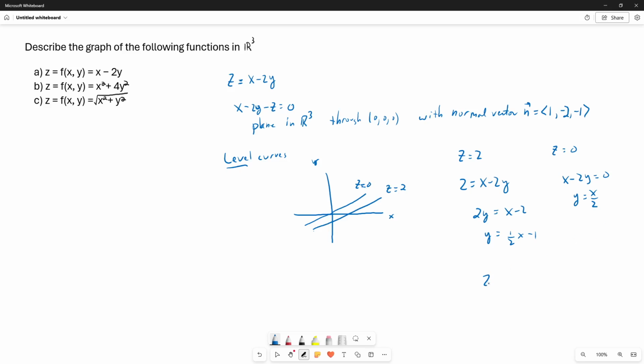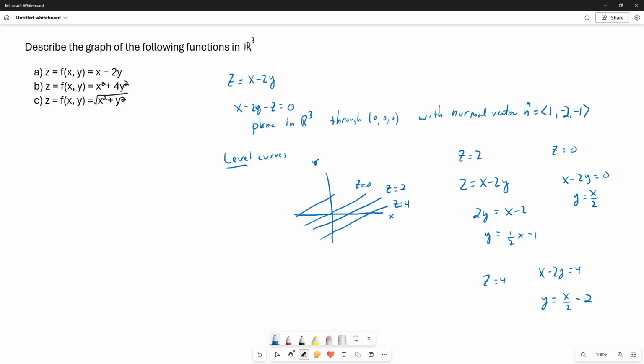If we let z equal 4, then we get x minus 2y is equal to 4, which is the line y equals x over 2 minus 2. And that one is parallel to this one again. Z equals 4.